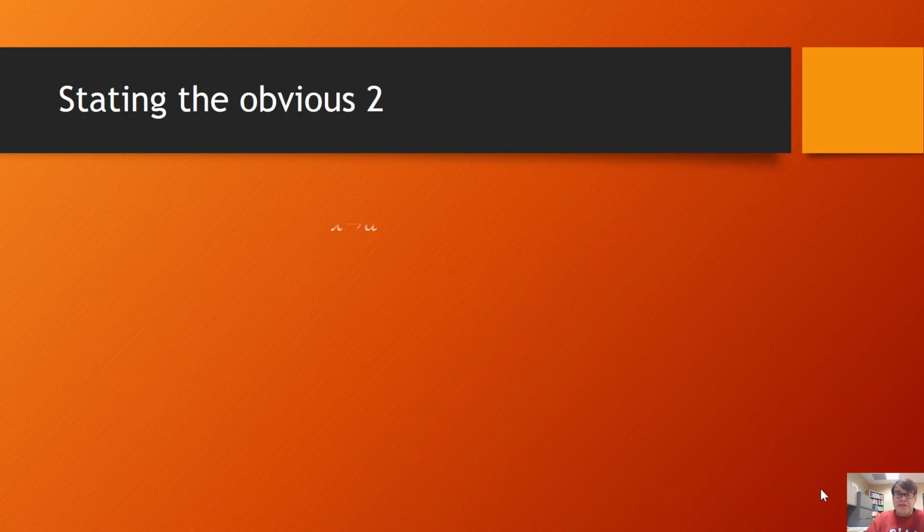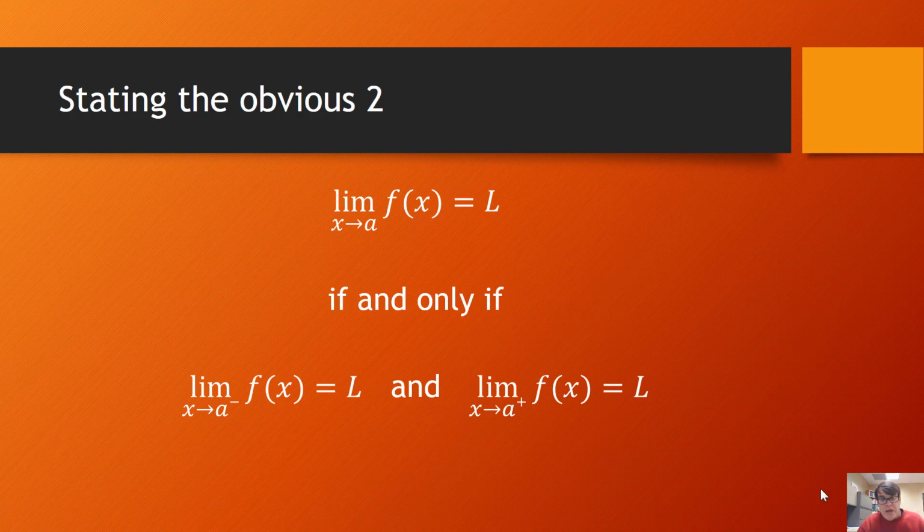Okay, stating the obvious, part two. The limit as x approaches a of f of x equals L if and only if you come to the same point from both sides. The minus means coming from the negative side, that's a left-handed limit, and the plus means approaching from the right-hand side.